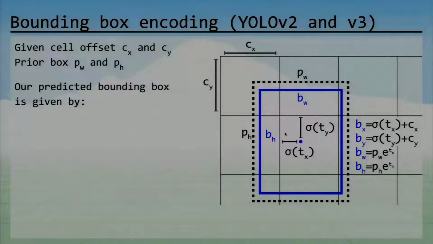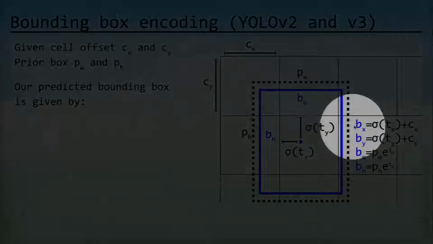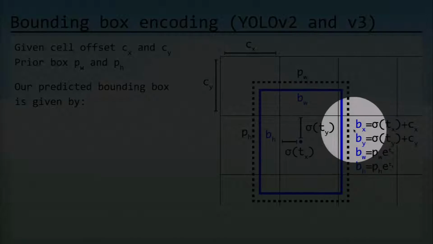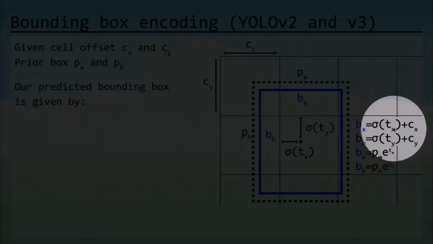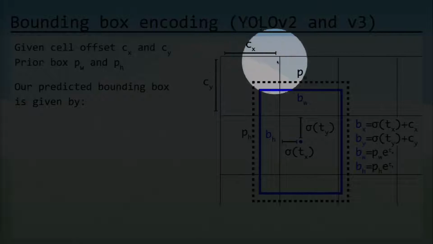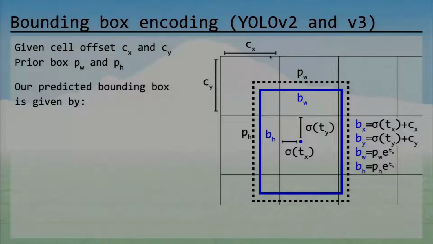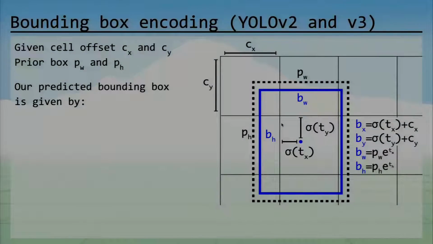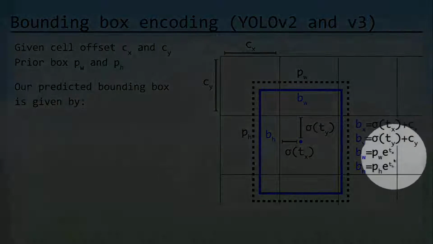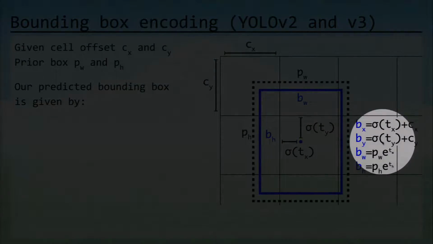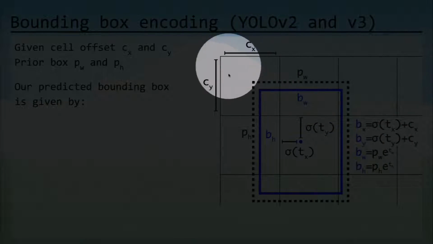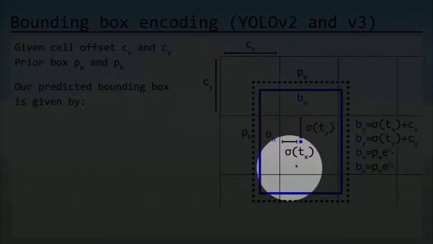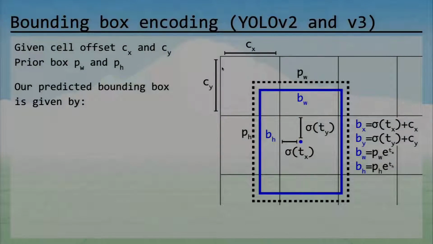So we make these predictions for Tx and Ty, and then when we want to calculate the center of the bounding box, Bx and By, we take the logistic activation of Tx and add it on to the offset we originally had, this value Cx. And similarly with By, to calculate the center of the bounding box, we take the logistic activation of our prediction Ty and add it on to the offset of this bounding box from the top left corner of the whole image.